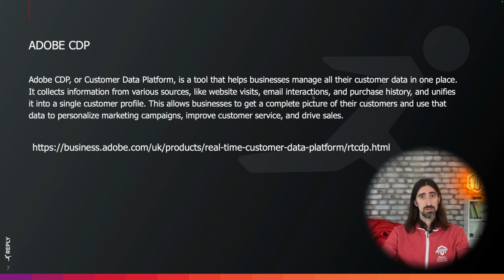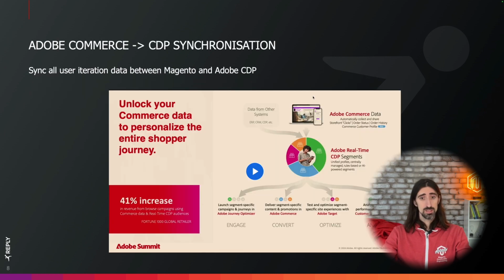And now it was released already, before with prototyping, but now you can connect your Adobe Commerce to the CDP. So you have all Adobe Commerce data, all clicks, behavior, the customers moving through the page, the order information, and then it's collected into the CDP, which creates real-time segments.